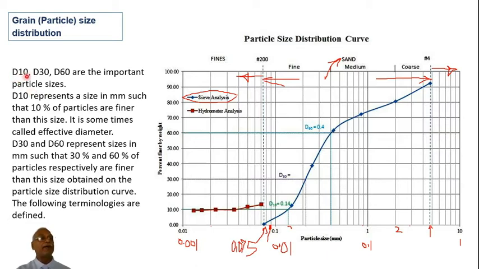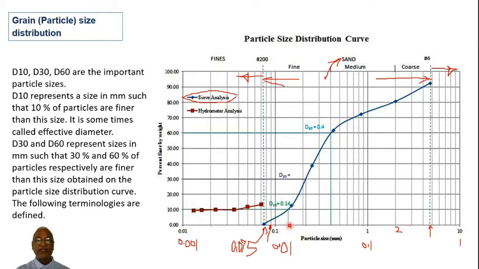Okay, we'll read through. There are some points here. D10, D30 or D60 are the important particle sizes. Now how do you find D10? Look at this, here there is a mention of D10, right? Some size is there, the D10 size. Now what is done is 10%. In D10, the 10 is 10%. You have to draw a horizontal line. Wherever this size distribution curve is cut, there you have to find the size.